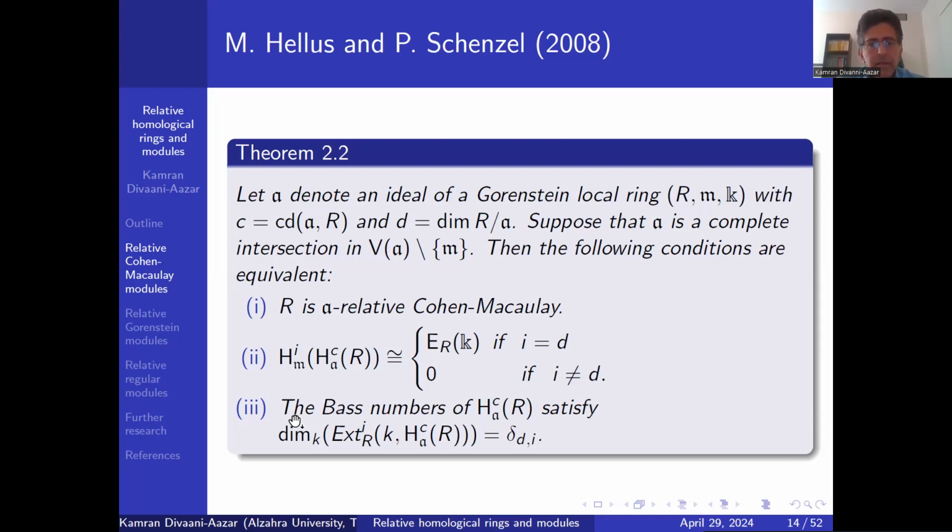Then the following three conditions are equivalent. The first one, R is relative Cohen-Macaulay. The second one, this local cohomology is either the injective envelope of the residue field of R or zero. And the Bass numbers of the only possible non-vanishing local cohomology satisfy this relation. They are either 0 or 1 depending on, this is the Kronecker delta.